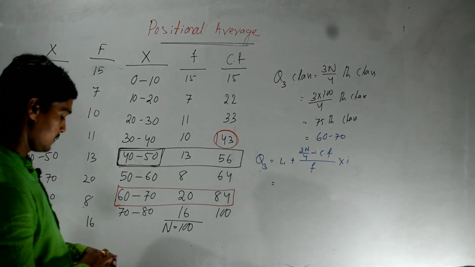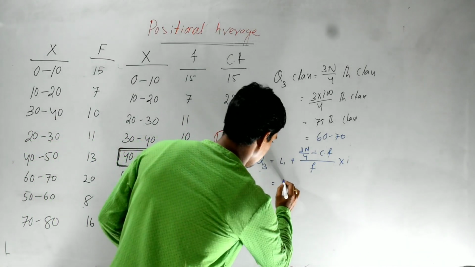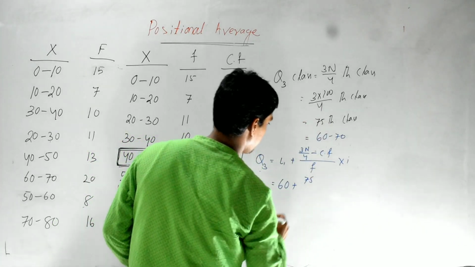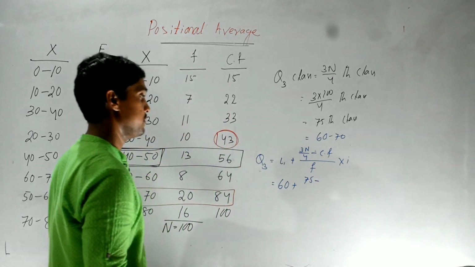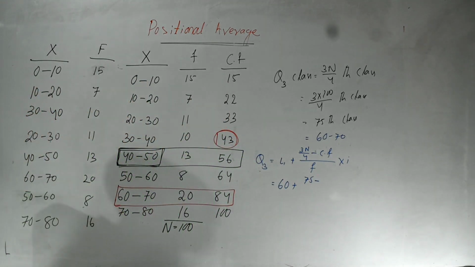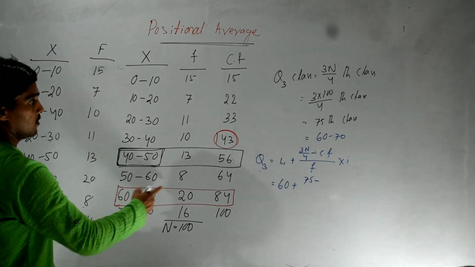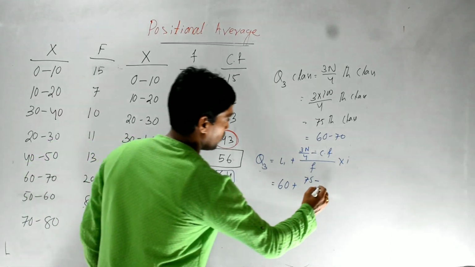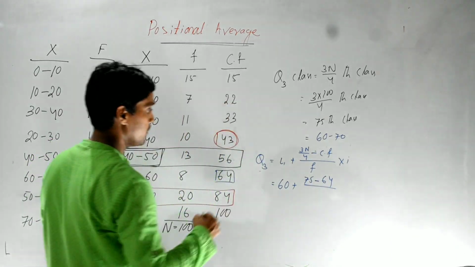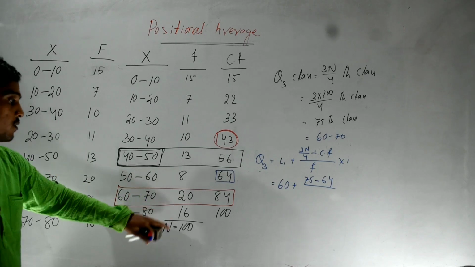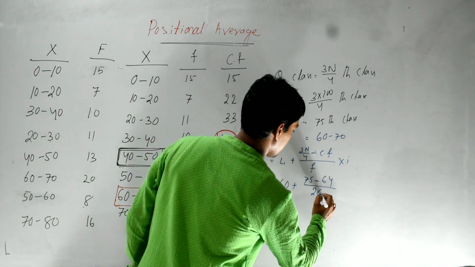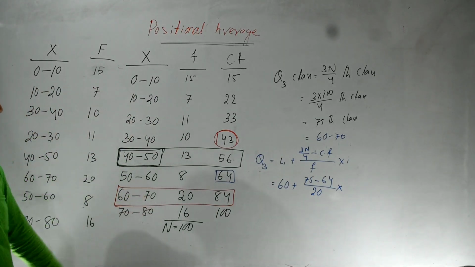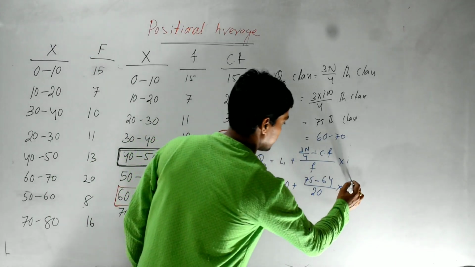Here L1 is 60, plus 3n by 4 is 75, minus CF, the cumulative frequency preceding the quartile class, that is 64, divided by F, the frequency of the quartile class, that is 20, into i, the class interval, that is 10.